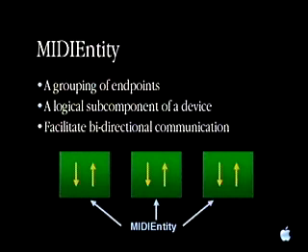The next layer up is the MIDI entity, which groups endpoints together. This is useful when applications want to get an idea of which endpoints go with each other. From the point of view, for instance, of a patch librarian program, it's nice to be able to send messages to a device and get messages back.